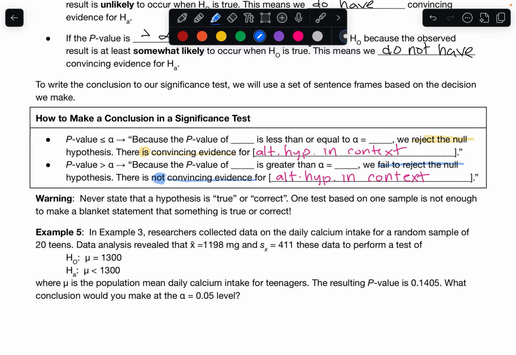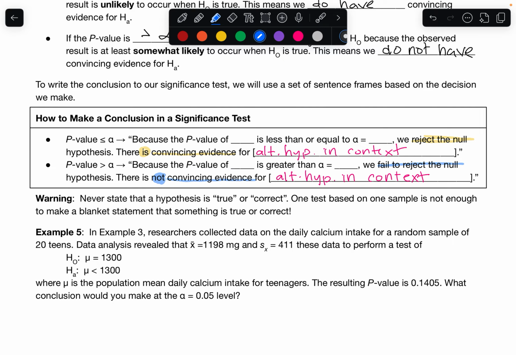In your head for testing, we need to have those two things connected, because they're going to be checking that your two conclusion sentences are consistent with each other. And that is a really common mistake that I saw particularly last year. So if we reject the null, we do support the alternative. If we fail to reject the null, we do not support the alternative. So reject is evidence, fail to reject, not evidence.